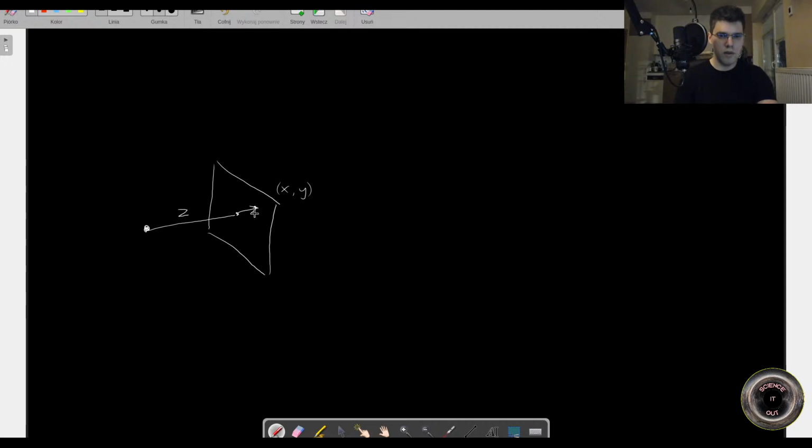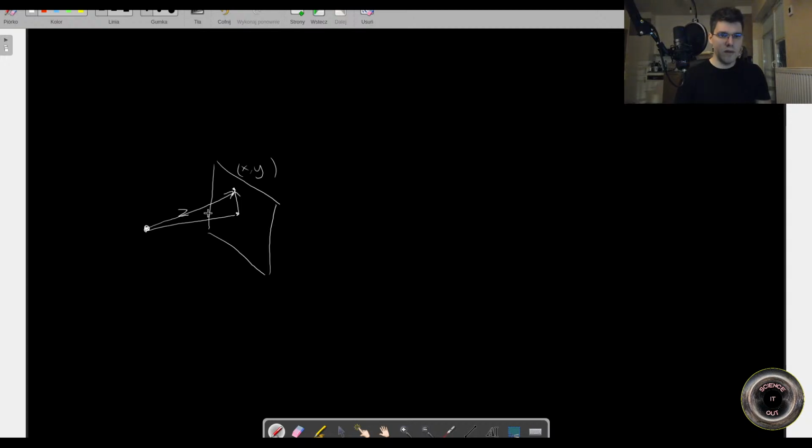Let me maybe draw it differently, because the way I drew this, it will be unreadable. So let's imagine that there is xy somewhere here, and that the observer is at some distance z from the image plane. Then we say that this point xy corresponds to this direction, expressed by this vector.